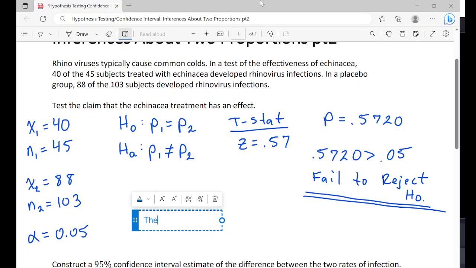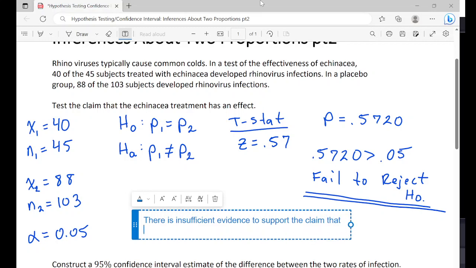So we could say that there is insufficient evidence to support the claim that the echinacea treatment has an effect.